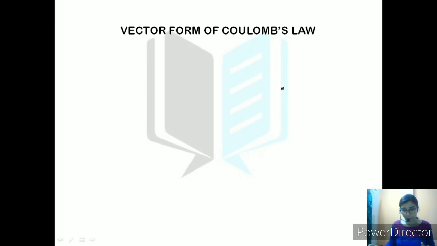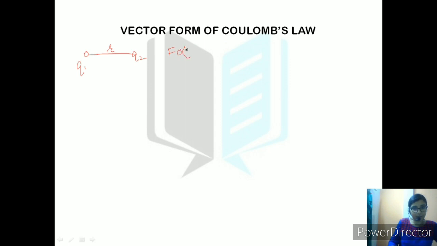Let's recall what is Coulomb's law. This law comes when there are point charges Q1, Q2. Suppose they are separated by a distance R, then the amount of force acting between them is given by Coulomb's law. Do you all remember that?